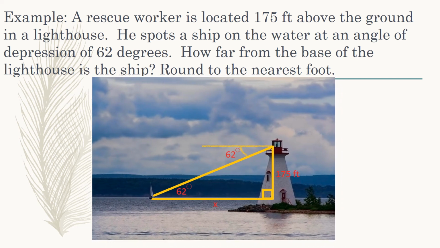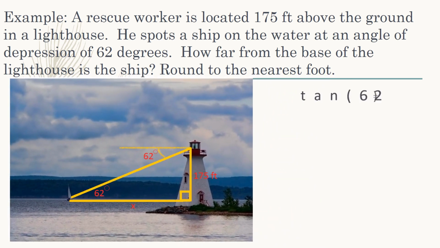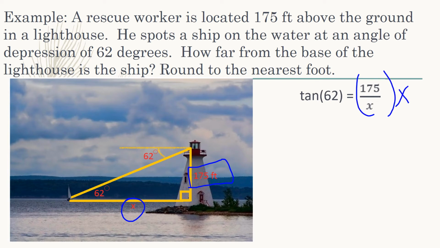So let's move that picture out of our way. And the tangent of 62 will equal the opposite, which was 175, over the adjacent x. Need to get that x out of the denominator, so I'm going to multiply both sides by x, and I get x times the tangent of 62 is equal to 175. And then I'm going to divide both sides by the tangent of 62.